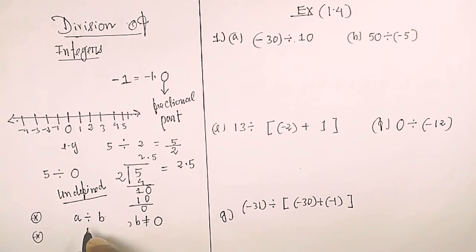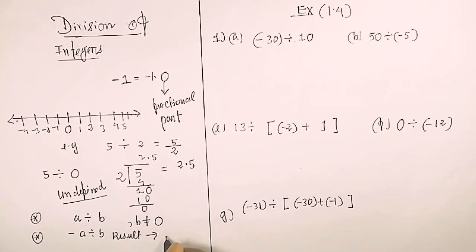Then rule number 2, when we divide a negative integer by a positive integer, the result is always negative.